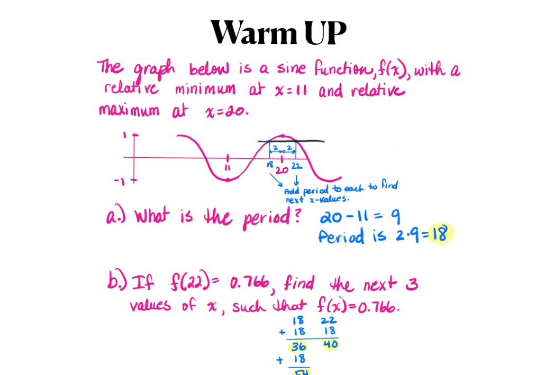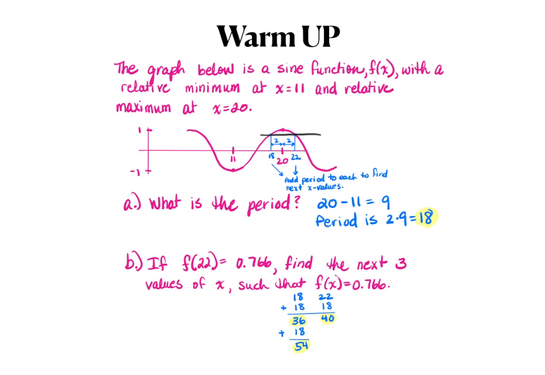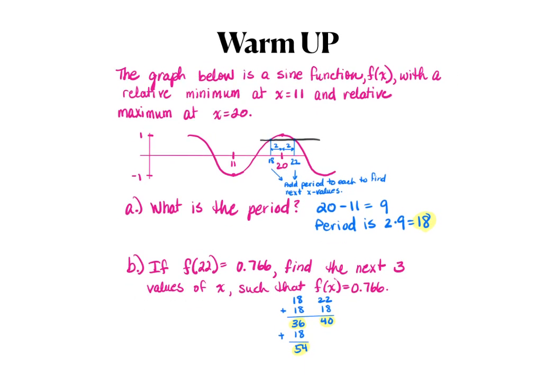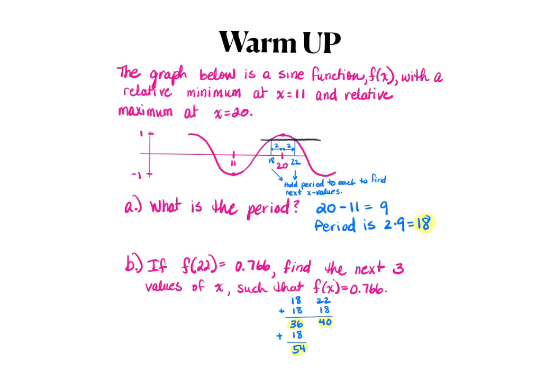Now it says find the next three values of x such that f of x is 0.766. So therefore I want the next values, not the previous. So I'm going to take each of those values, 18 and 22, and add my period. They also will be 36 and 40.